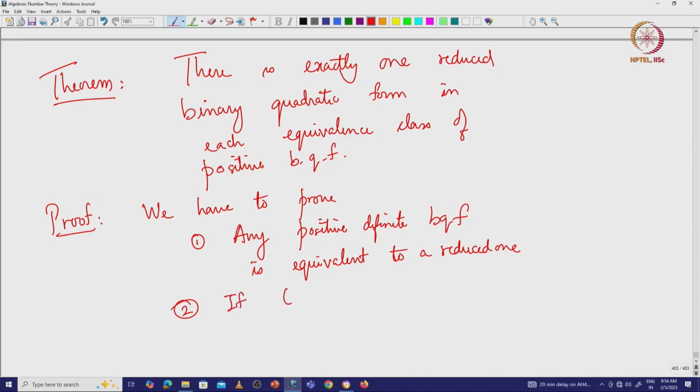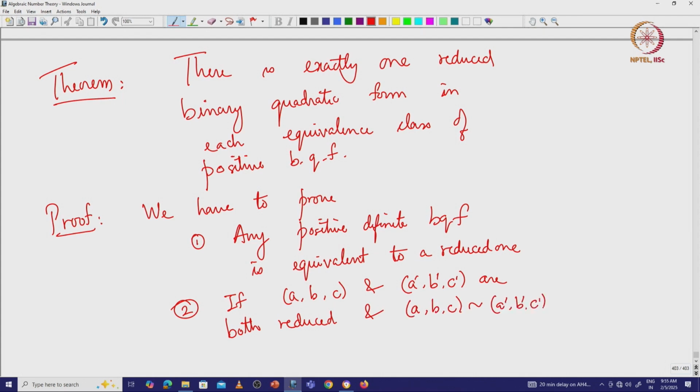So, if (A, B, C) and (A', B', C') are both reduced and (A, B, C) is equivalent to (A', B', C'), then A is equal to A', B is equal to B' and C is equal to C'. Okay. So, these are the two things we need to prove in order to prove the theorem.